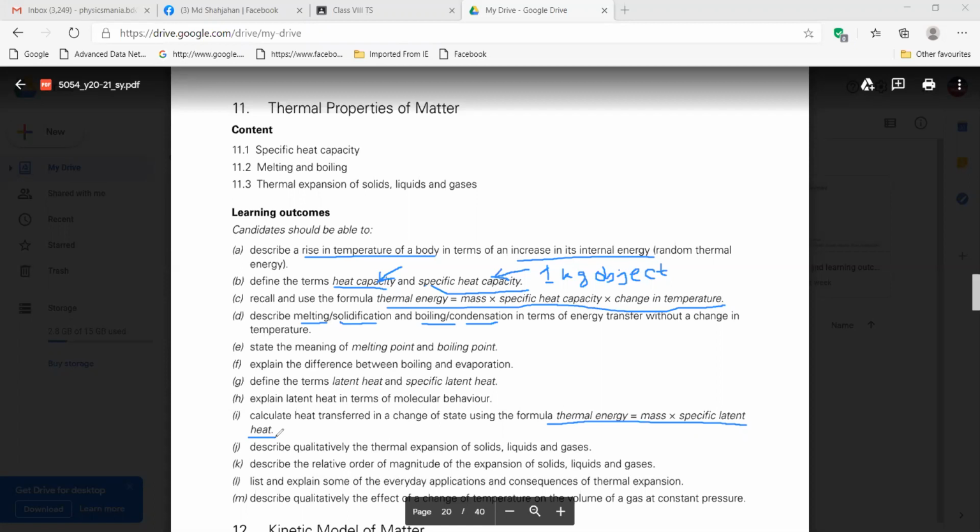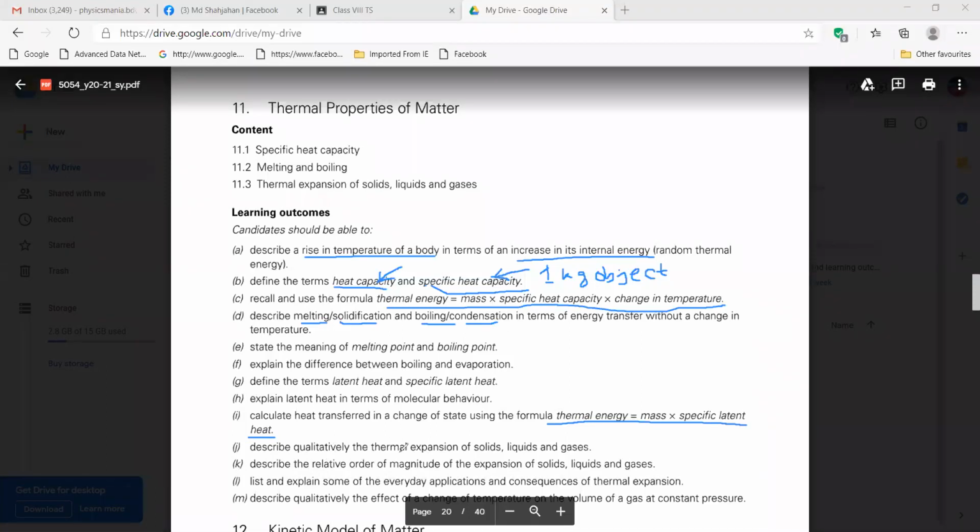It's going from liquid to gas, from solid to liquid, right? So when the state is changed, it requires some energy. That is called latent heat.